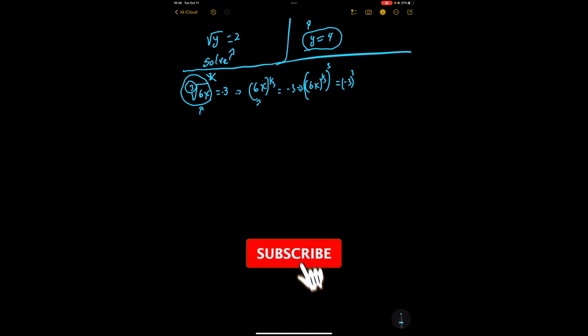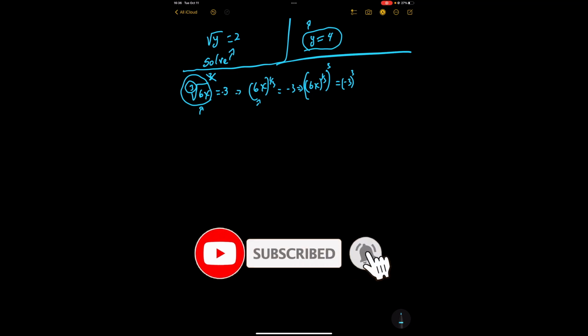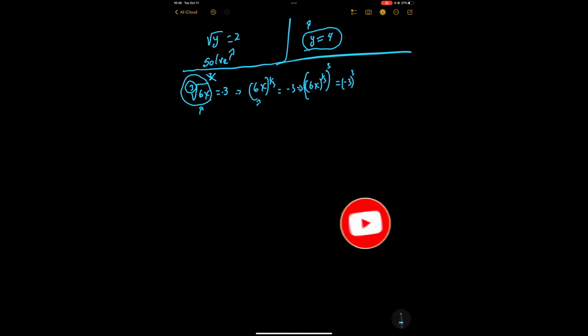Yes, the power rule says when you are raising an exponent to a higher exponent, you multiply them. So that means you're going to have 6x to the 1/3 times 3, and that's equal to negative 3 to the power of 3. So 3 times 1 is 3 over 3 is equal to 1. So you get 6x equals negative 27.